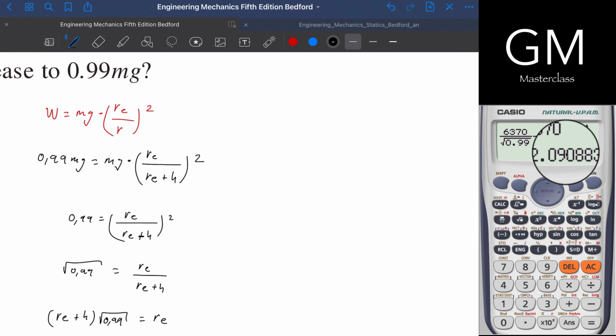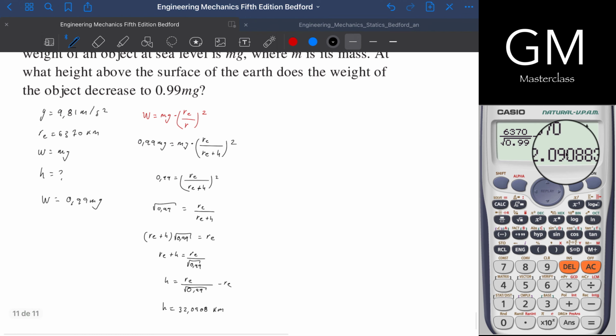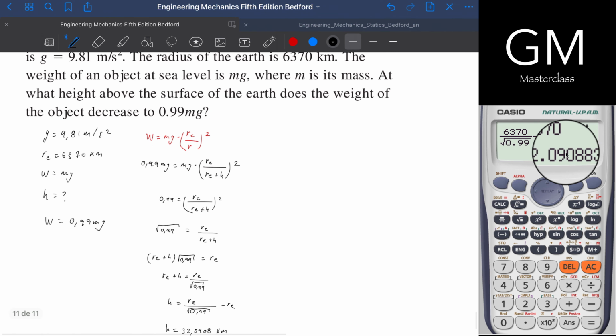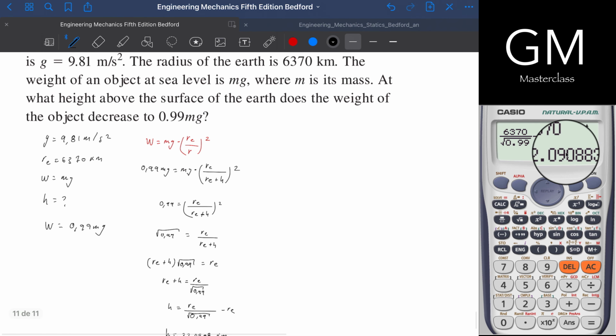Right here is the part of the explanation in which I'm going to give some of the physics principles that were necessary to be known for this exercise to be solved.